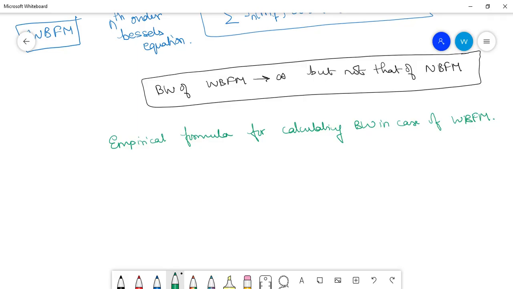Carson's rule basically suggests that we take the maximum bandwidth that is majorly impacting your wideband FM.